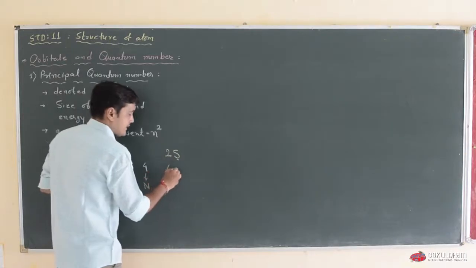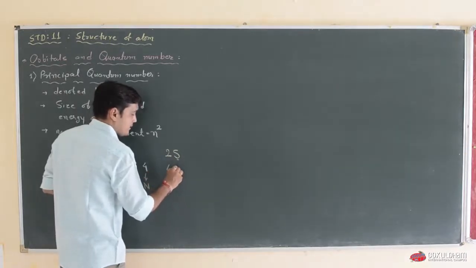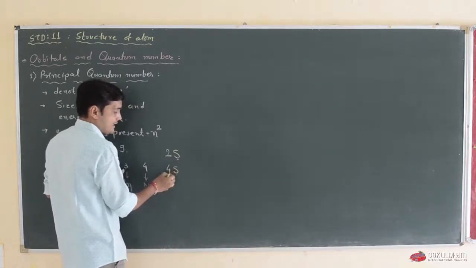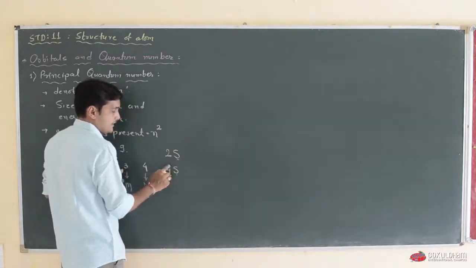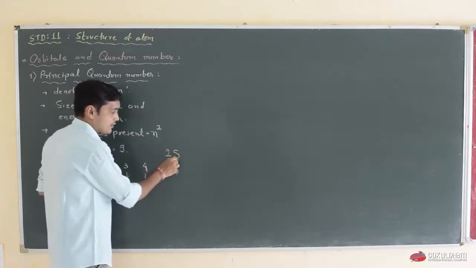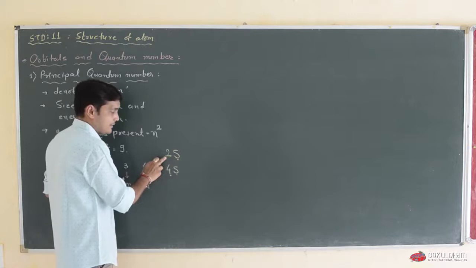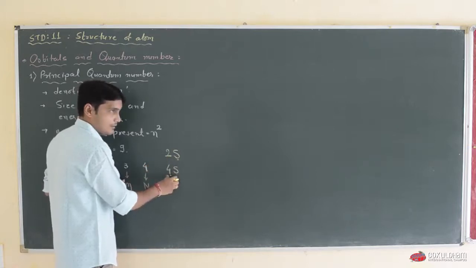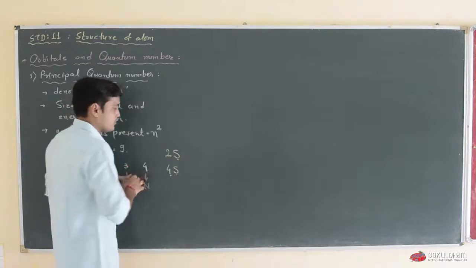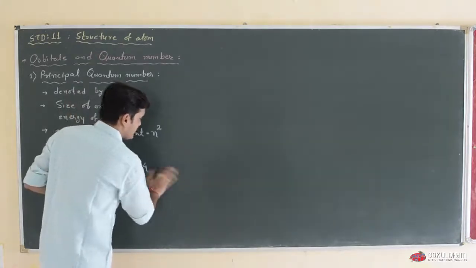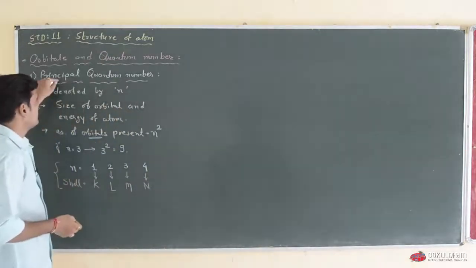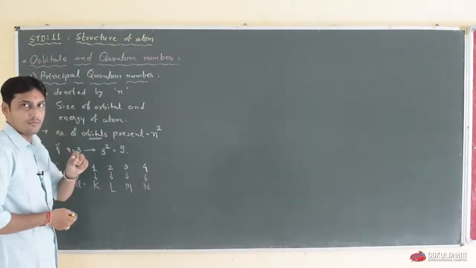Suppose we take the example of 4s: s is again our s orbital, and number 4 is the principal quantum number. This means the 2s orbital lies in the second orbit, and the 4s orbital lies in the fourth orbit. So remember that the principal quantum number n denotes the orbit number.